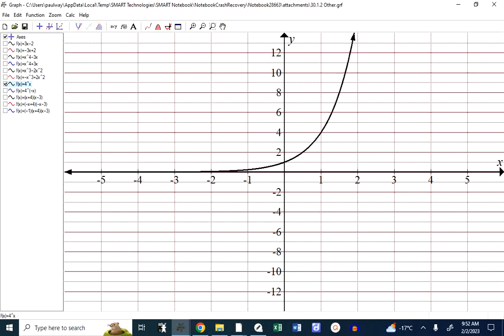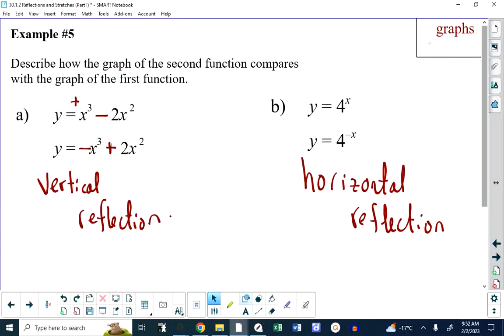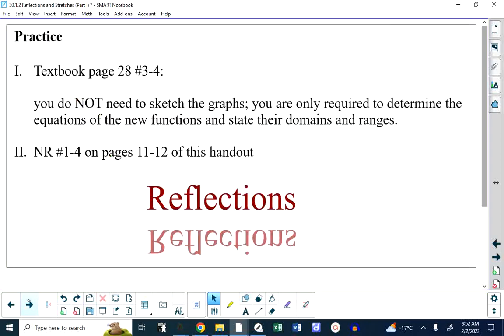This is y equals 4 to the x. There's some business going on here that we will learn about in Unit 5. It's called an exponential growth function. Here is 4 to the negative x. It's a horizontal reflection. Pretty basic stuff, but some things that you could certainly, example 5 I meant to say earlier, things that you could certainly stumble over.